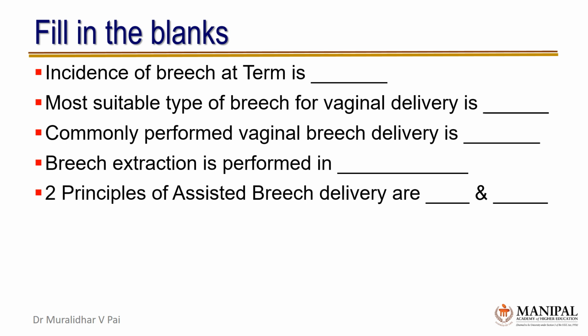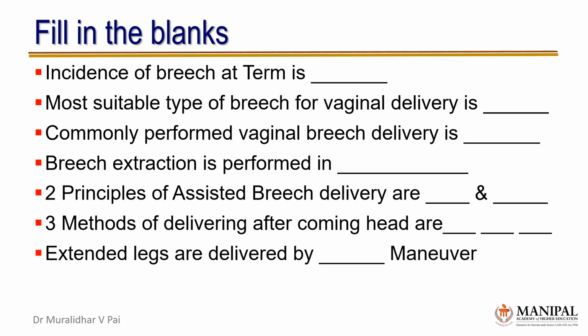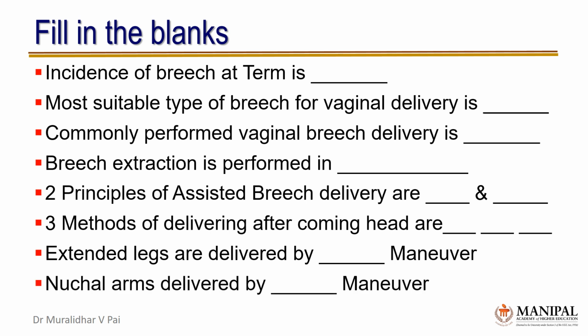Two important principles of assisted breech delivery are dash. Three methods of delivering after coming head are dash. Extended legs are delivered by dash maneuver. Nuchal arms are delivered by dash maneuver.